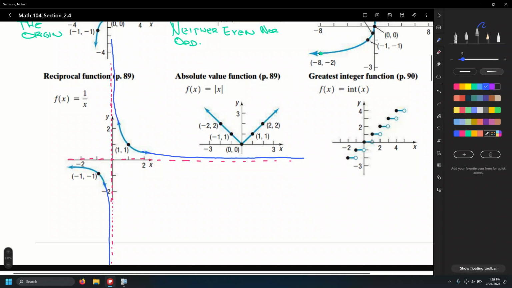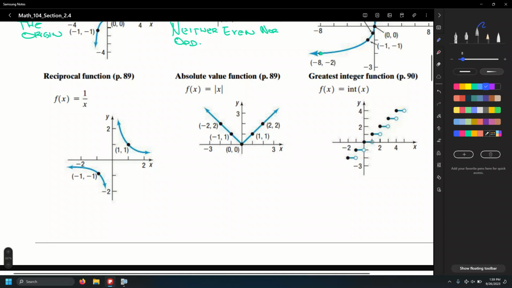All right? Well, we're not going to really get into all of these details for now, but we will later when we get into the transformations. You'll see how those transformations, horizontal and vertical, also change the location of those asymptotes as well.